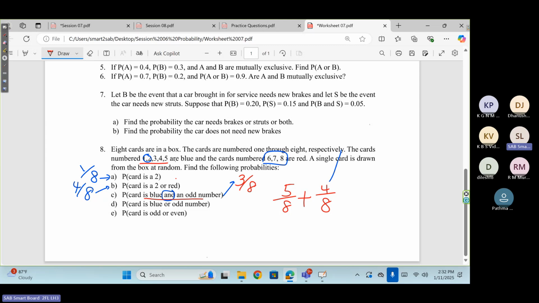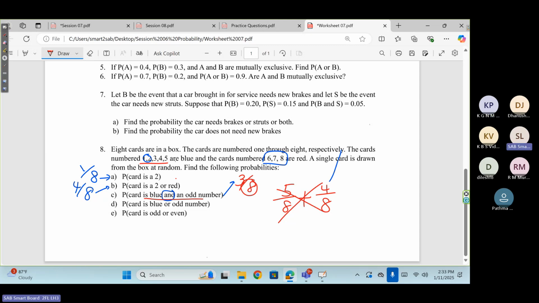Okay. Then we need to subtract common elements. It means blue and the odd number. Then how many? Sorry, no need to take the union or intersection. Then here there are 8 cards. Then you need to select cards that are blue color and the odd number.